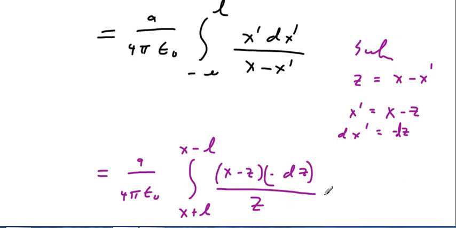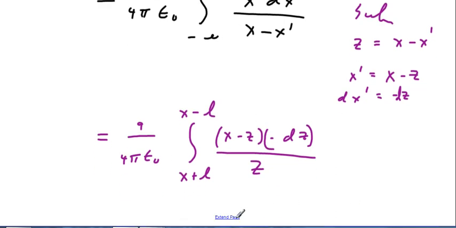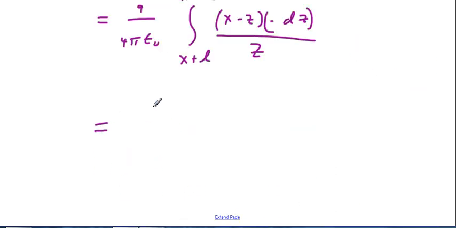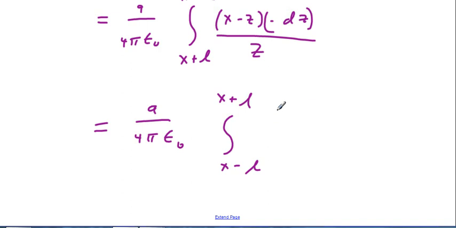That gives a over 4 pi epsilon naught integral from x minus L to x plus L of (x over z minus 1) dz.